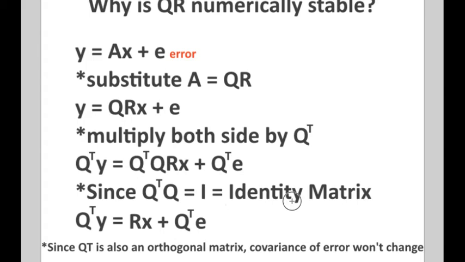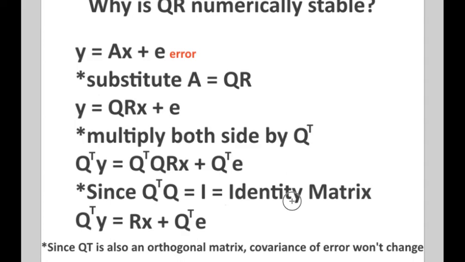Graphically, what's happening when you multiply by the orthonormal matrix is you're multiplying each component separately: all the x components separately, all the y components separately, and if it was 3-dimensional, all the z, and so on.